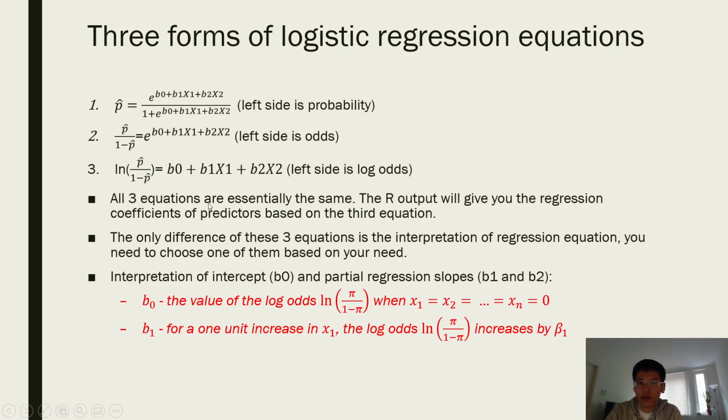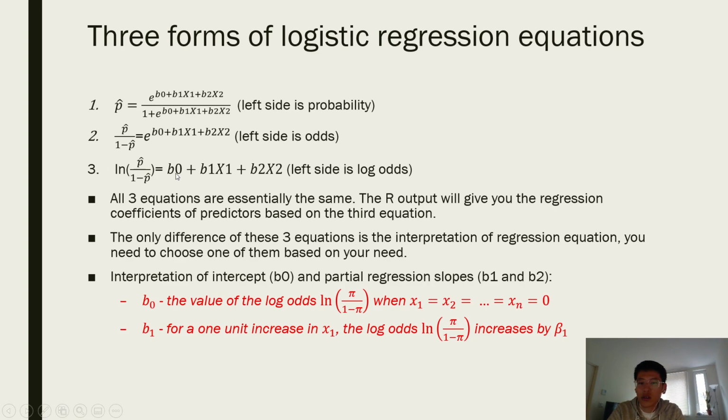Okay, so all three equations are essentially the same. The R output will give you the regression coefficients of the predictor based on the third equation, based on this logit model here. So when you're plugging into your equation, you need to choose number 3 here.